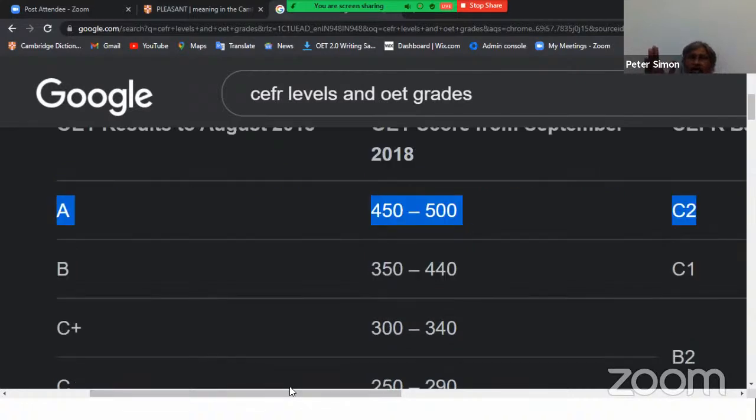If you don't realize, even now, nobody in the world can help you. C2 words are at the top, at the summit, the highest level. If you are using C2 vocabulary, you think OET people are correcting just like that?